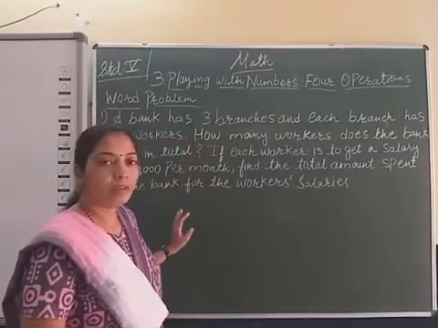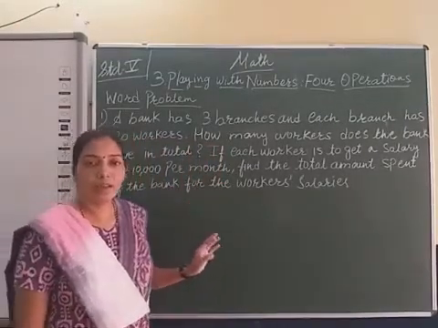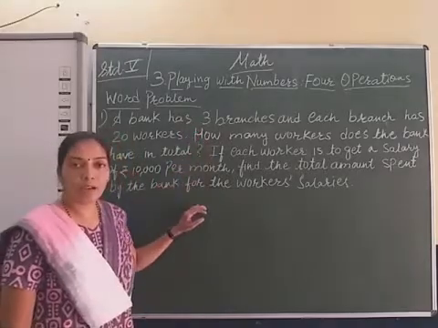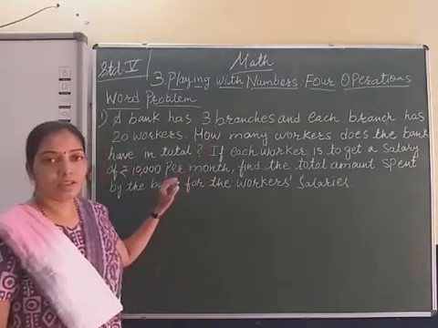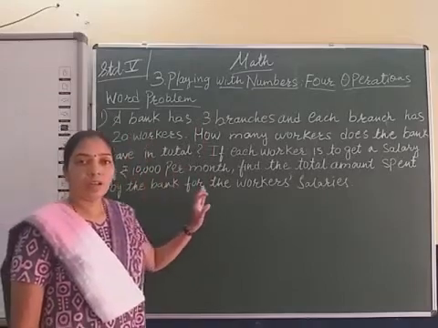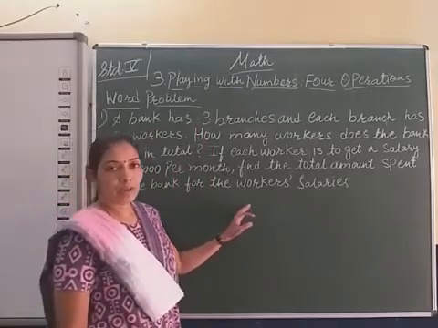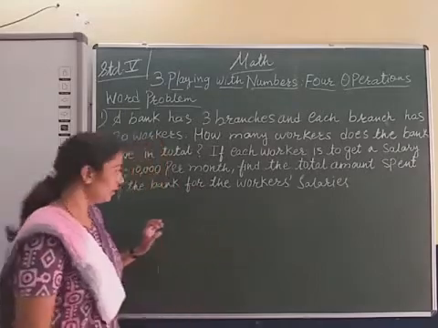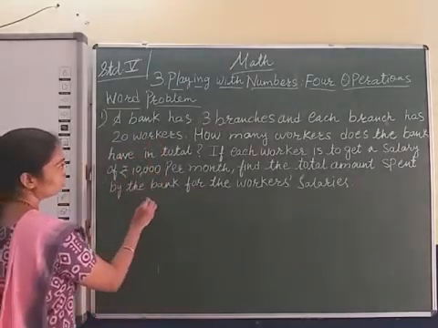For that we put the statement here, what information we have in this statement. Number of workers in one branch is equal to 20. Let us rewrite.